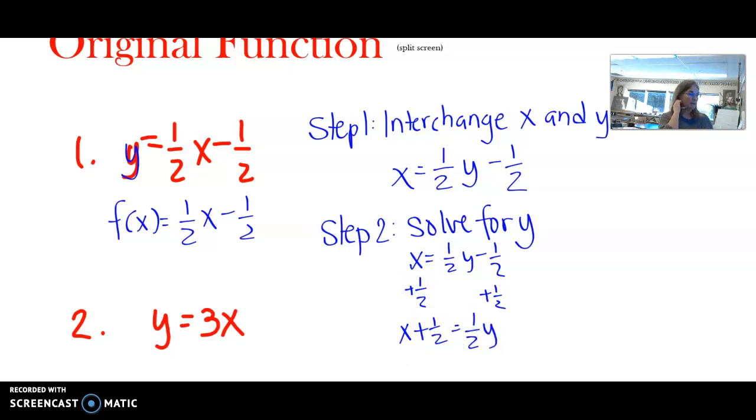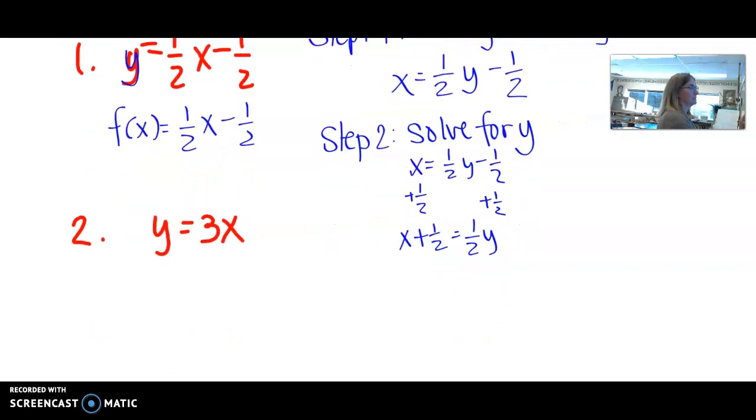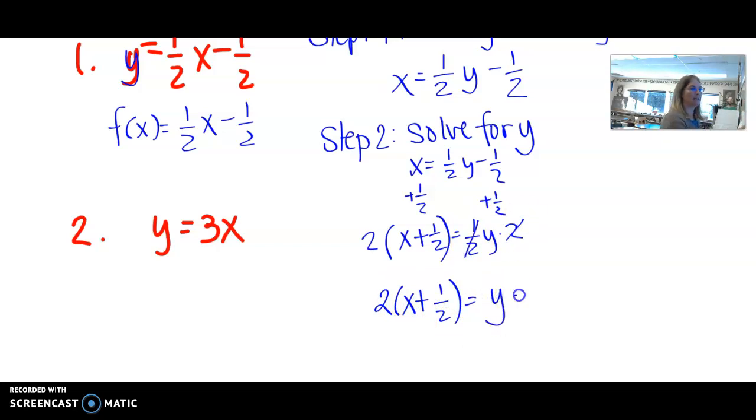And then we're going to divide by 1/2, which is the same thing as multiplying by 2. So if I multiply by 2, I have to multiply this side by 2, and I have to put that in parentheses. So I get 2 times x plus 1/2. This 1/2 and the 2 cancel out, equals y. And this is my inverse. And in this case, it is an inverse function of the original 1/2 x minus 1/2.